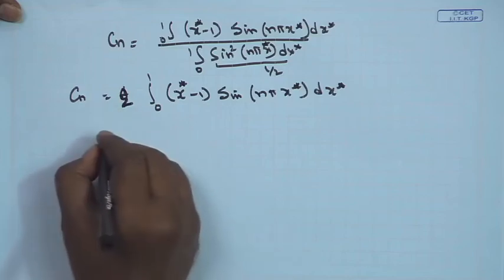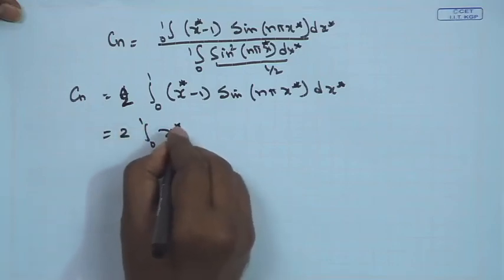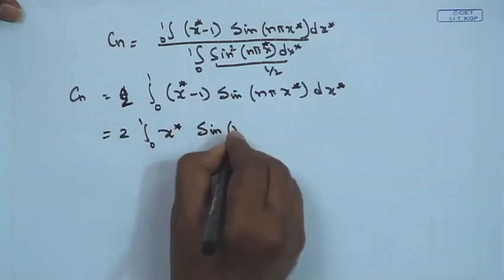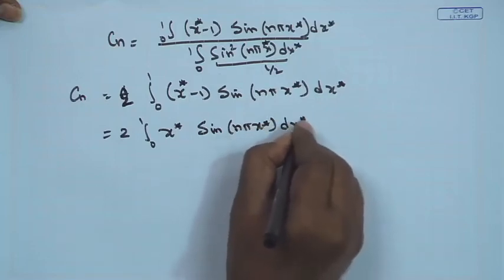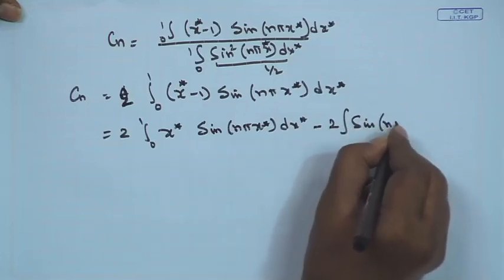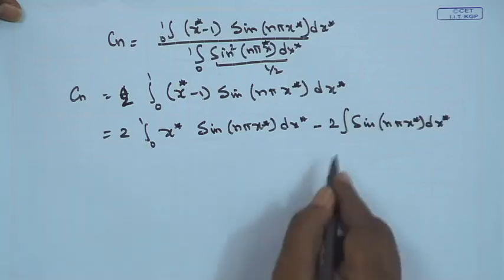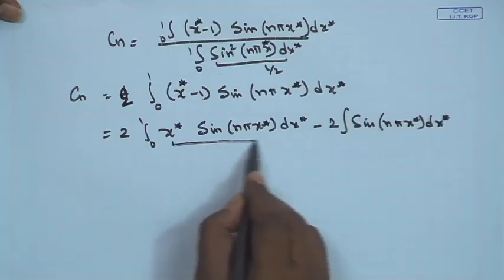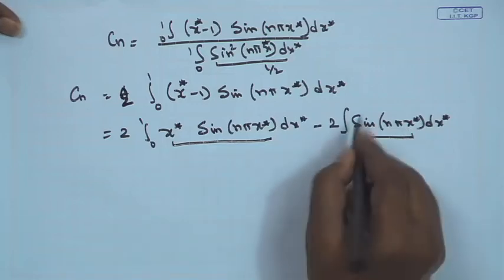This becomes 2 times the integral from 0 to 1 of x star sine n pi x star dx star, minus 2 times the integral of sine n pi x star dx star. The first has to be integrated by parts, and the second will be a straightforward 1 minus cosine n pi by n pi, from 0 to 1.